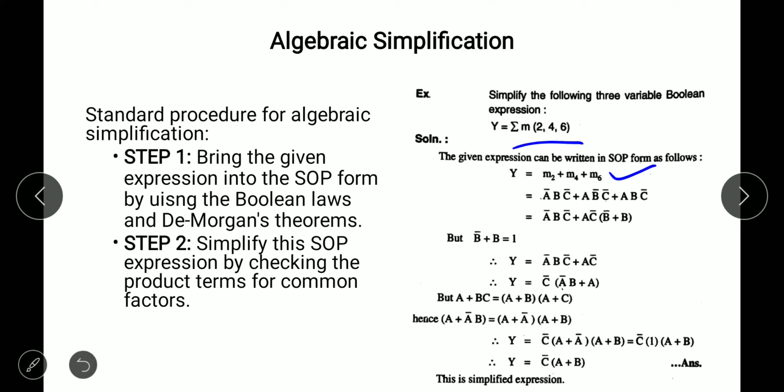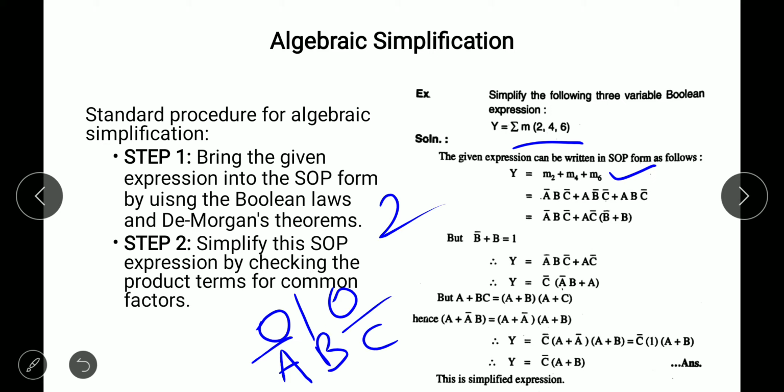Then how do we represent M2? That is nothing but binary of 2, which is 0, 1, 0. So 0 represents A bar, 1 represents B, and 0 represents C bar. So A bar B C bar. Then M4, how can we write M4?